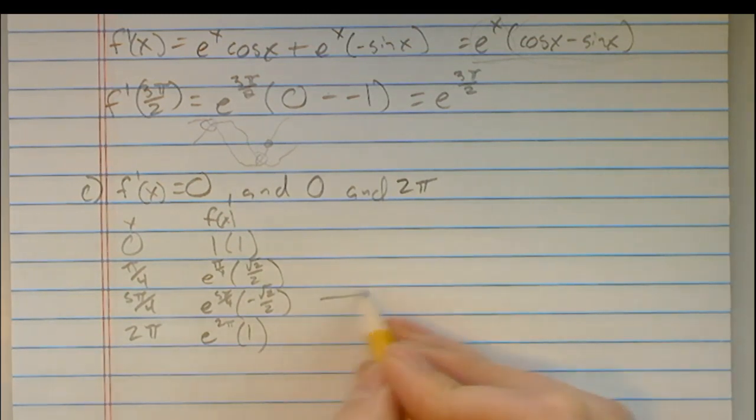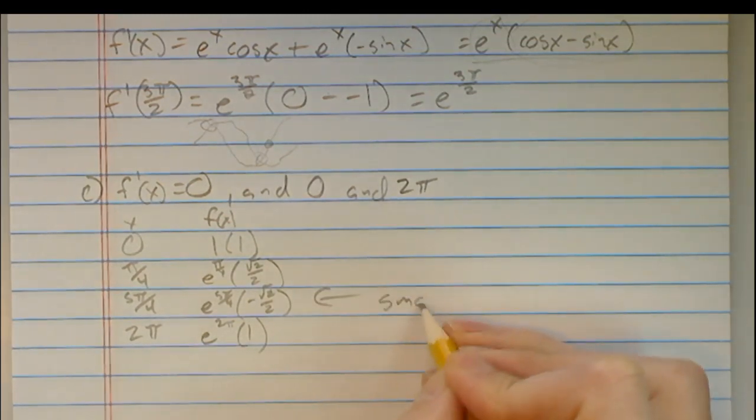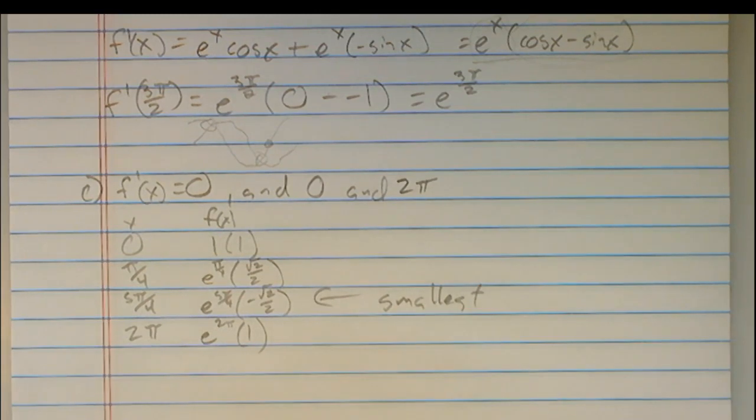This is clearly the smallest, because that's negative. If you're doing this and you get something where you're not sure, like you have to do calculations because we actually care what that value is, we would have a difficult time.